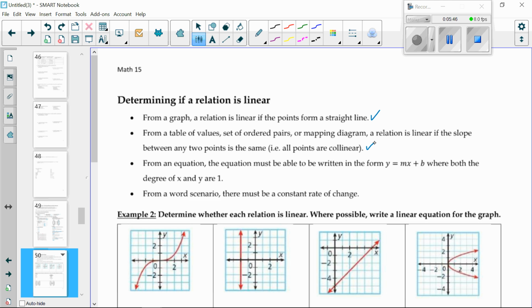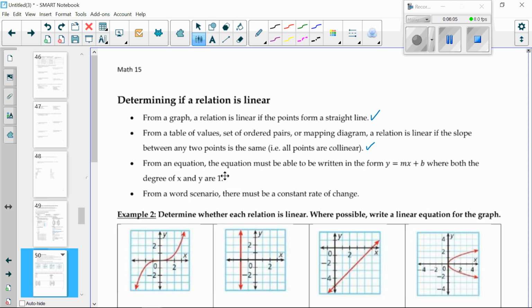From an equation, the equation must be able to be written in the form y equals mx plus b, where both the degree of x and y are 1. So notice that the exponent on the x is 1. The exponent on the y is 1.